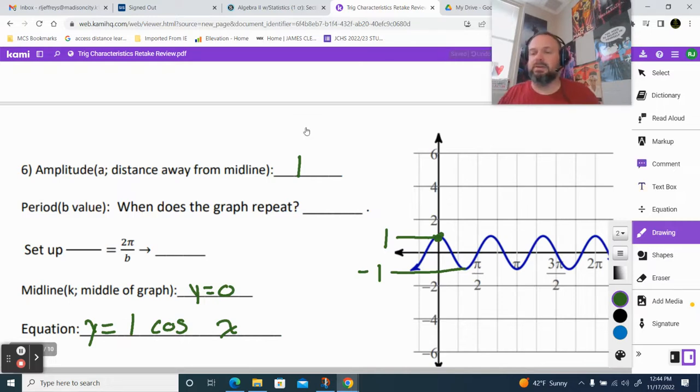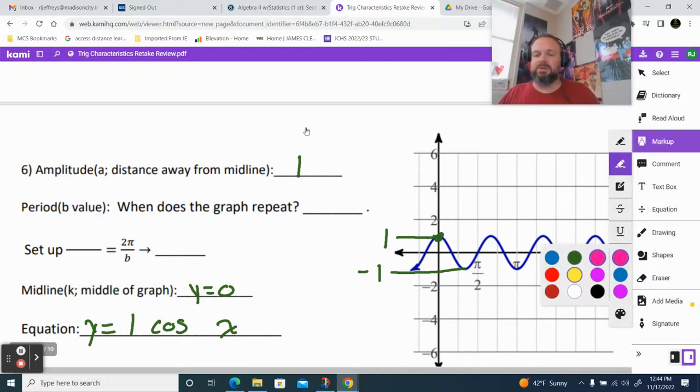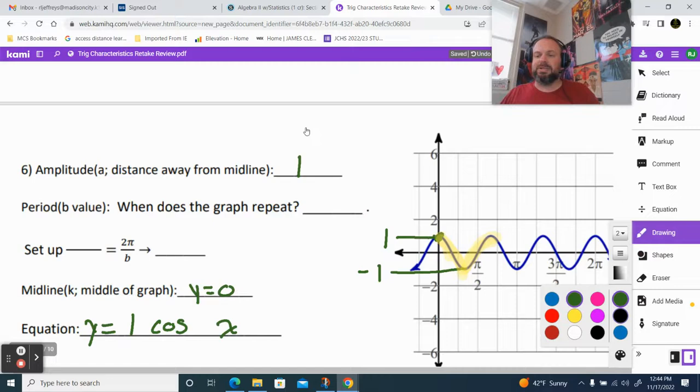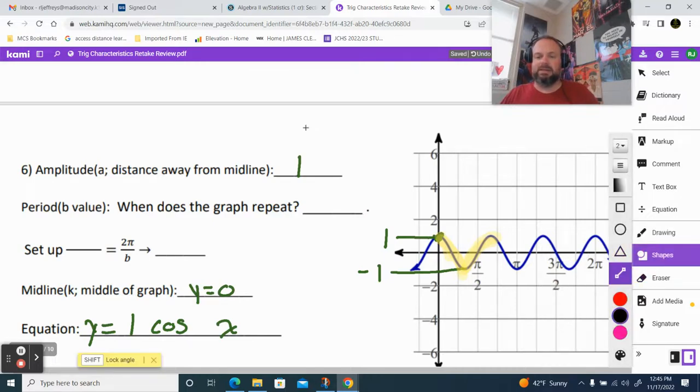Now, this is why with this example it's not a good one, and I'm going to show you. Let's follow it along. It starts here. It repeats... well, no. It actually repeats right here.